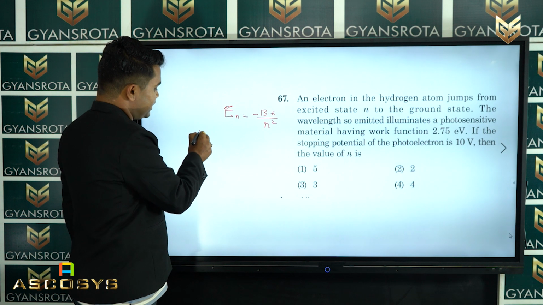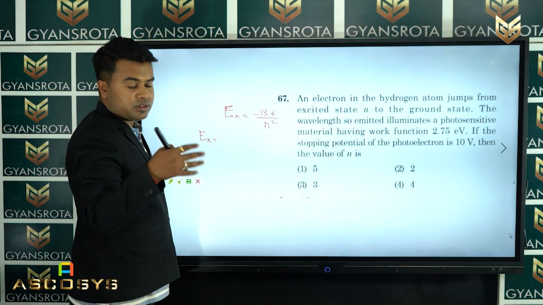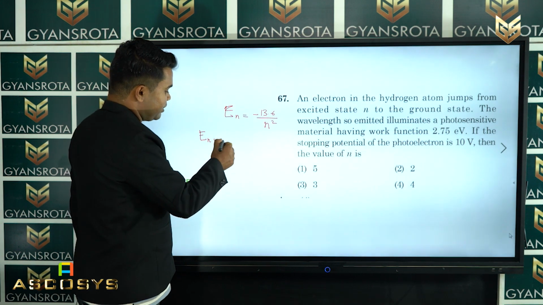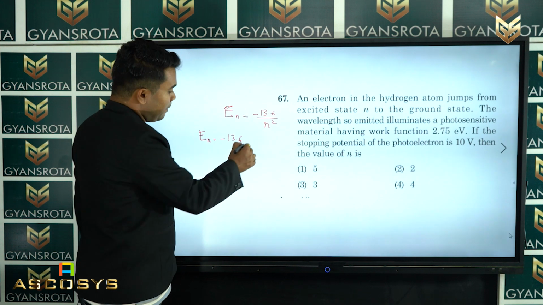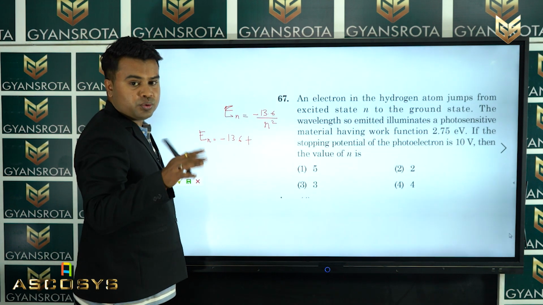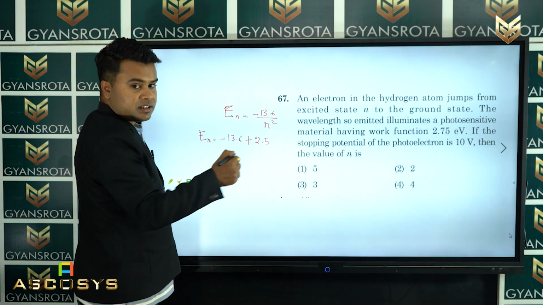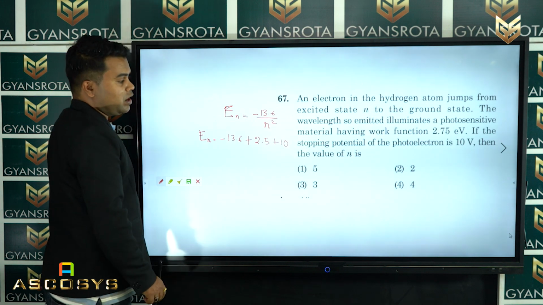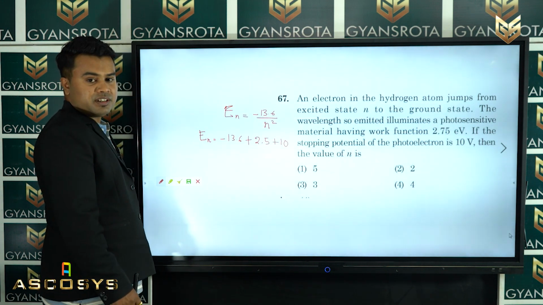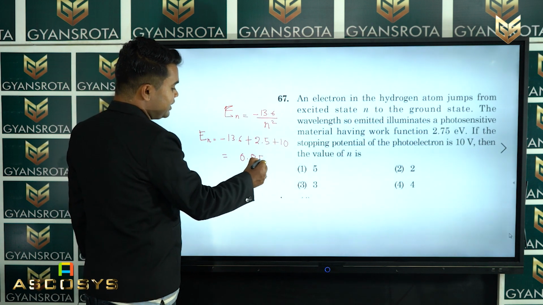Now, total energy can be calculated. E n will be equal to, first, due to the first energy level, it is going to the ground state, so it will be 13.6, n will be 1, plus due to the work function, 2.5, plus the stopping potential 10, which will act like your energy, right. If you solve this one, it will be 0.85.